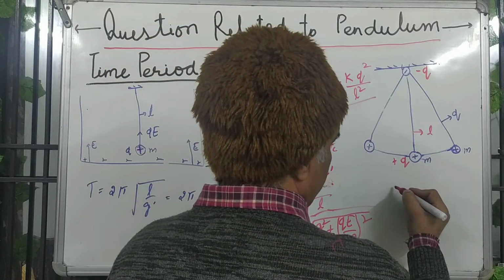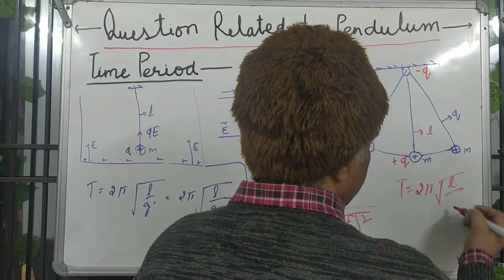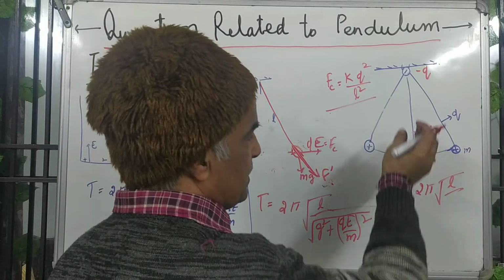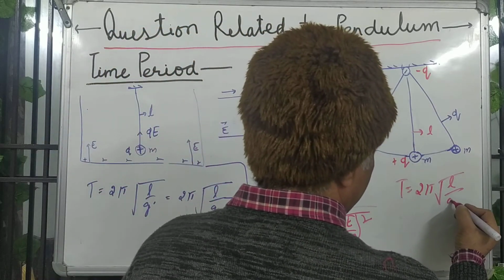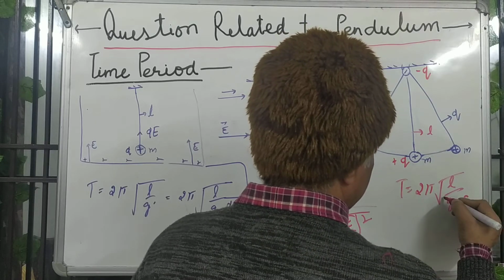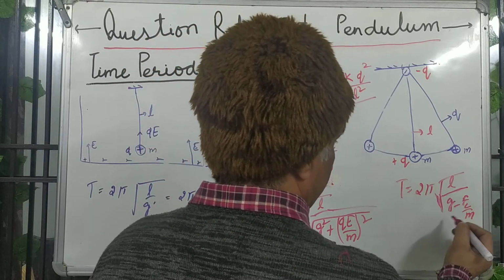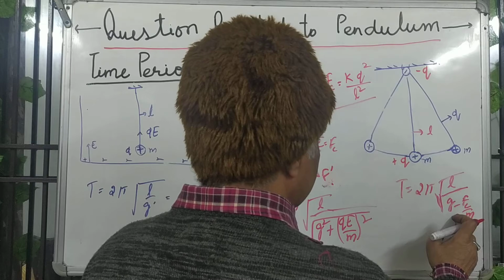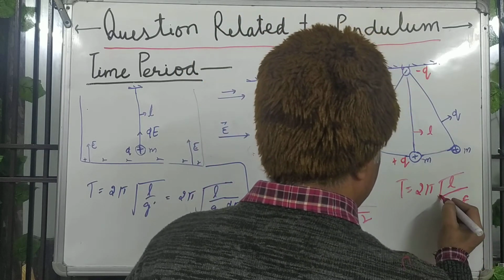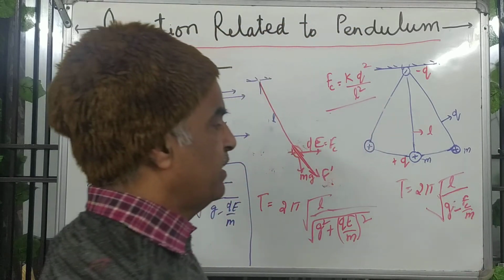So the effective time period T will be 2 pi root L upon g dash, where g dash is g minus Fc by m.